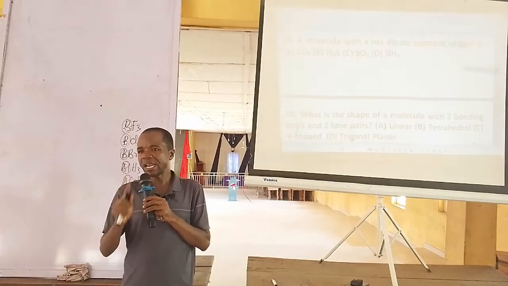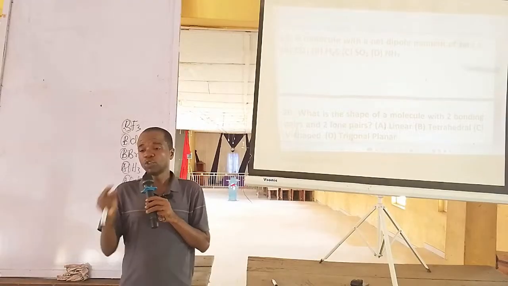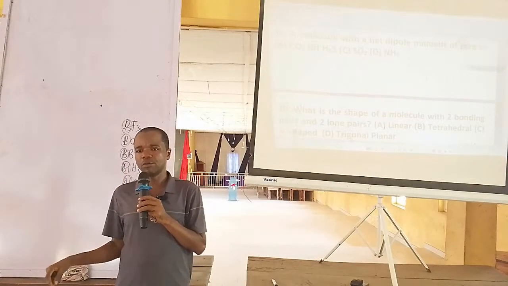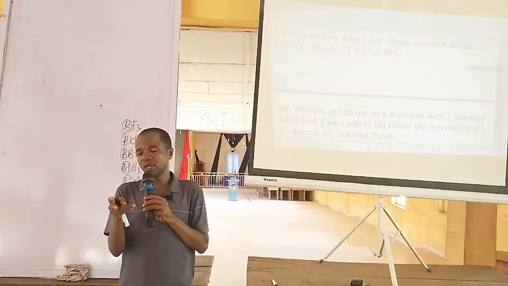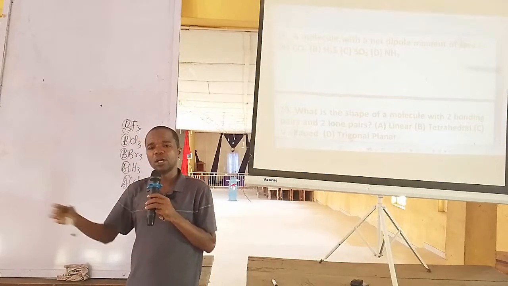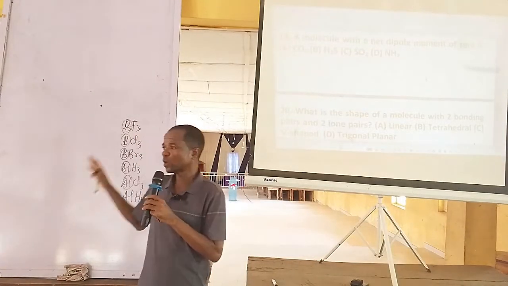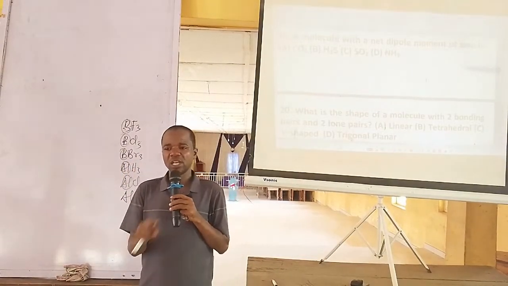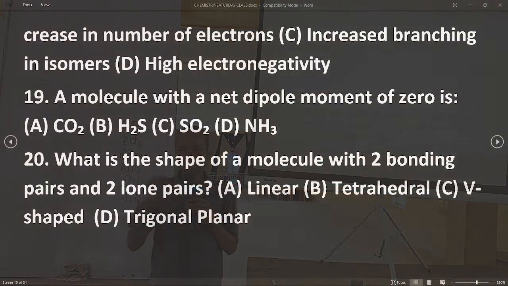And any molecule with trigonal planar shape, the bonding angle will be 120 degrees. Once again, the bonding angle for a linear molecule is 180 degrees, and the hybridization is sp. But for trigonal planar, the bonding angle is 120 degrees and the hybridization is sp2.